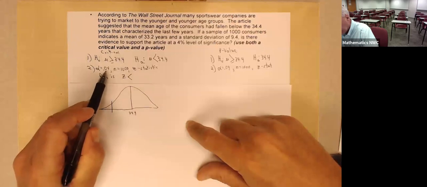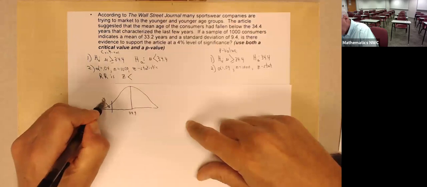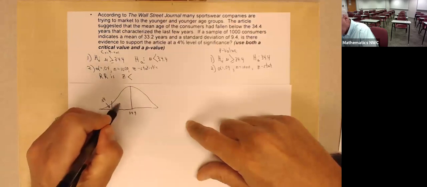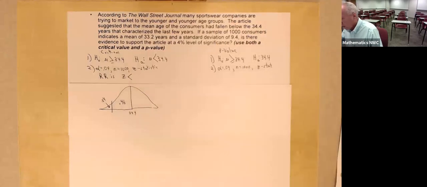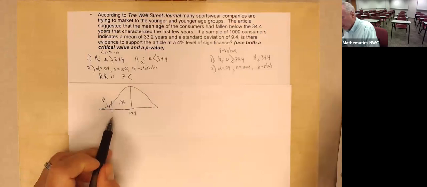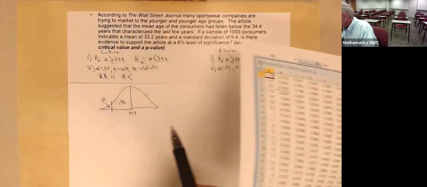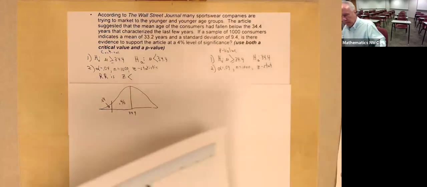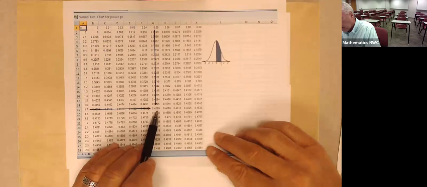That Z-score, my line in the sand, will be for 0.04, and that means this is 0.46. So I'm going to find 0.46 in my chart and find that Z-score. I have it right over here. The closest one to 0.46 is 0.4599.